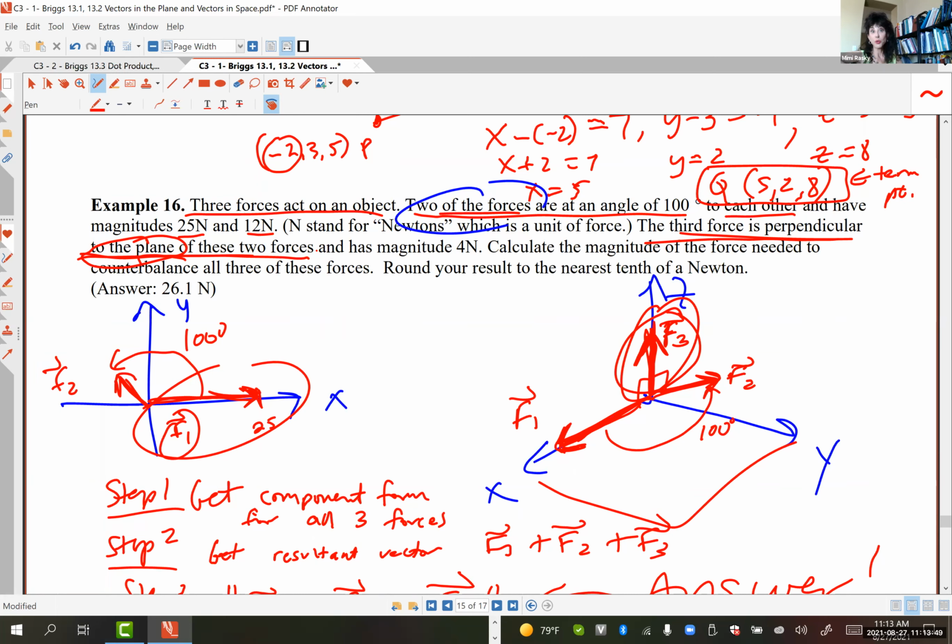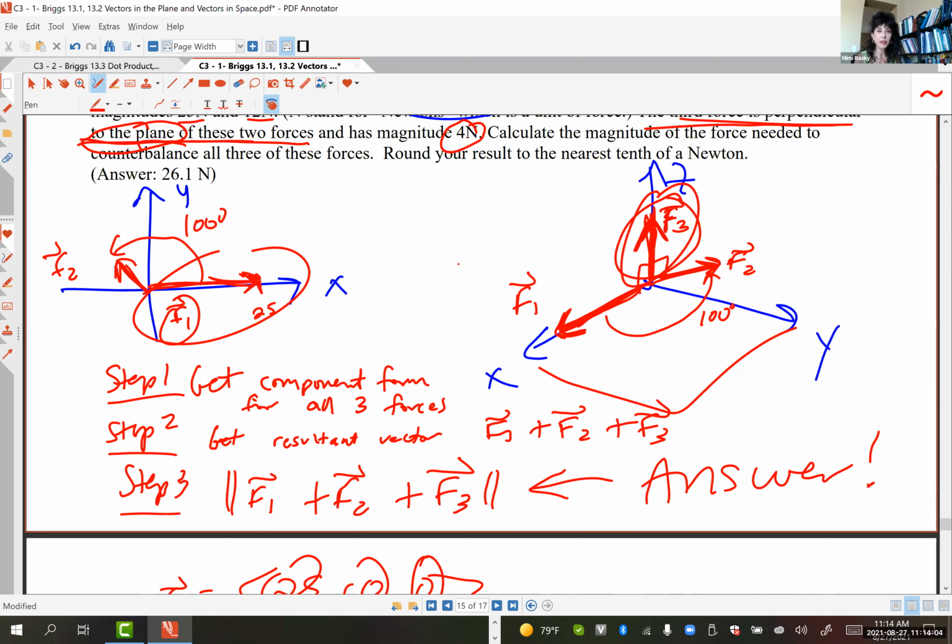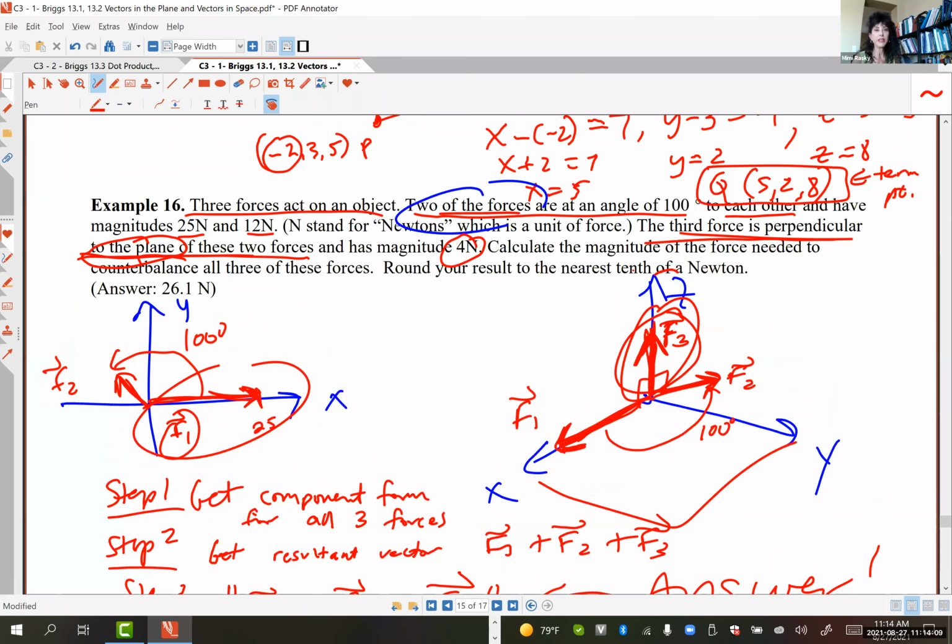He could be sticking straight down too, to be honest. And we could have had his components be 0, 0, -4, but I kind of took a liberty here and went ahead and said he's got the magnitude of 4 newtons. And since he is perpendicular, that allows me to assume he is parallel to the z-axis.